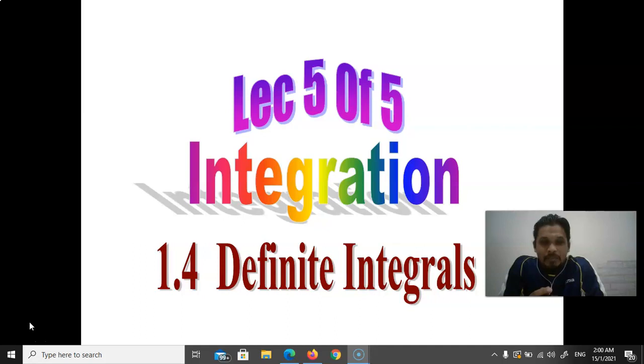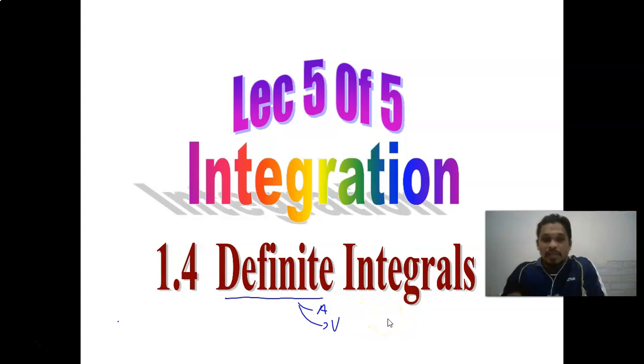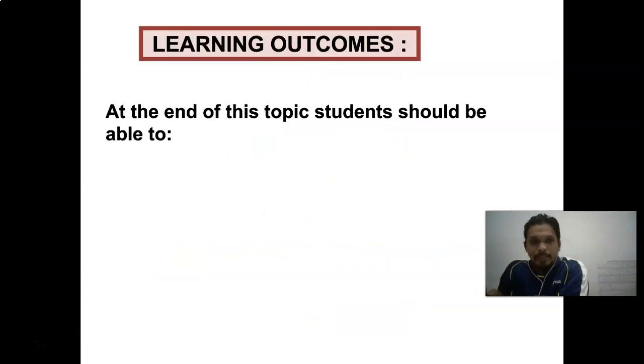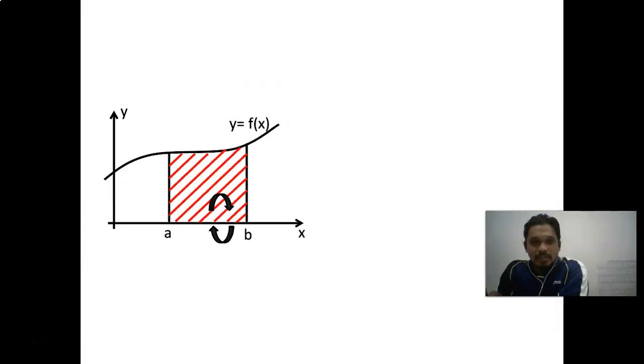Definite integrals help us find the area between the curve and the x-axis, and right now we are going to look at how definite integrals find the volume when you rotate 360 degrees about the x-axis and also the y-axis. At the end of this topic, students should be able to determine the volume of a solid of revolution.